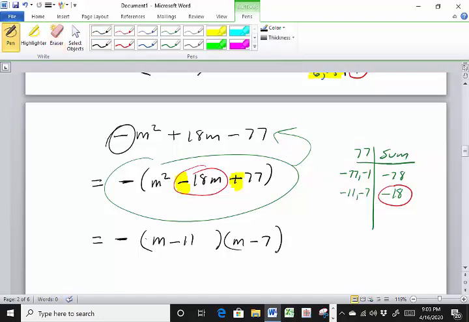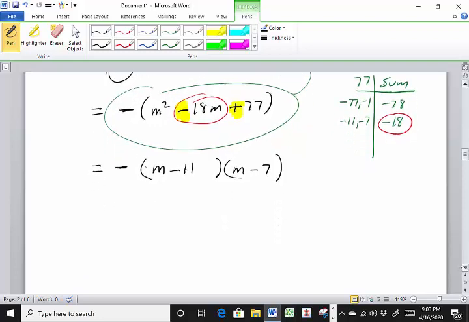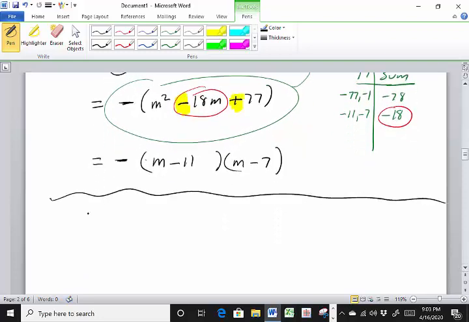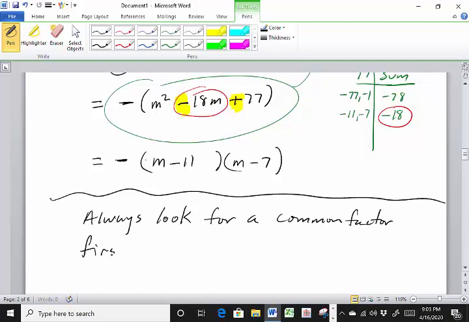Now, one thing, as I mentioned before in the last section, and I'll write this down, always look for a common factor first.